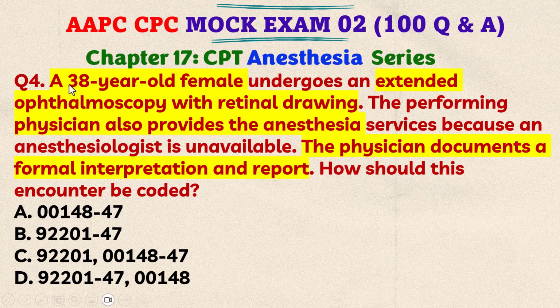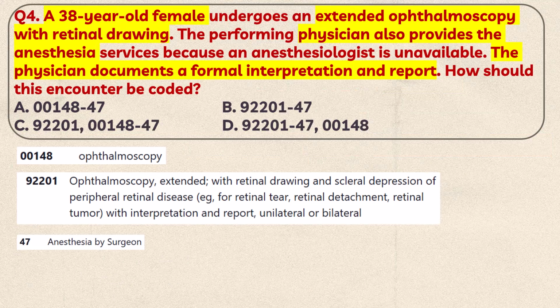So here you have to highlight the patient's age is 38. Procedure is extended ophthalmoscopy with retinal drawing, and here, very importantly, the physician also provides the anesthesia. So once you look at the answers, there are mainly 2 codes used with the modifier. So again you can use the elimination method for the exam purpose. So once you go to the code 92225, that is ophthalmoscopy, but in our case it is extended ophthalmoscopy with retinal drawing.